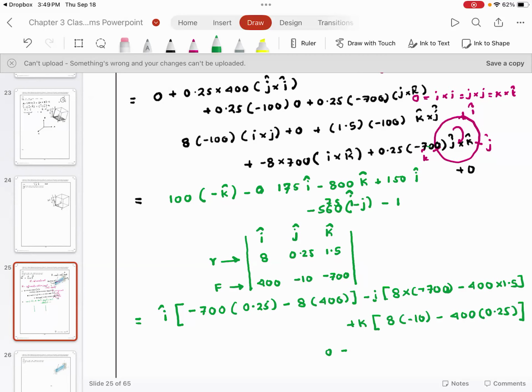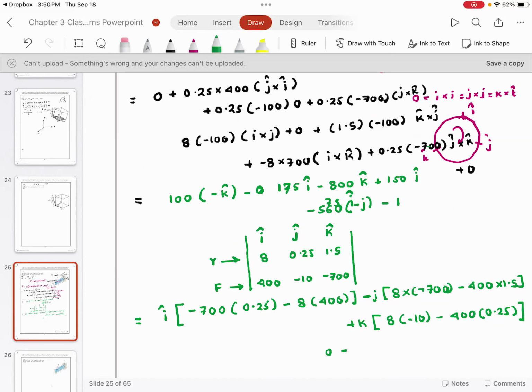This minus is a minus. So this is the matrix. Remember the movie The Matrix? So this is the matrix. This multiplied by this term minus this term, this term minus this term.